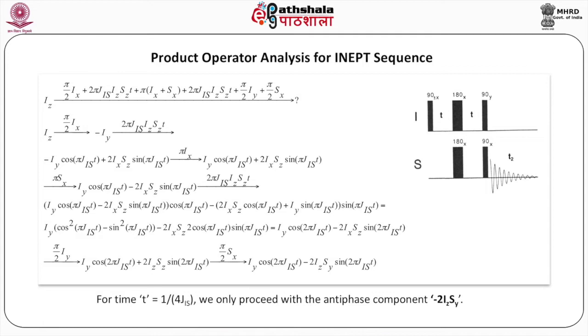So, the interesting thing here is that we start with Iz and we end with -2 IZSY, which is an antiphase term, but here, in place of the magnetization being on I, it goes to the S spin.